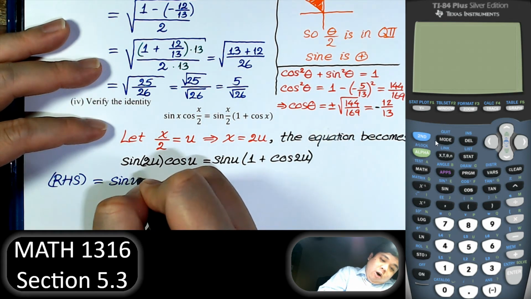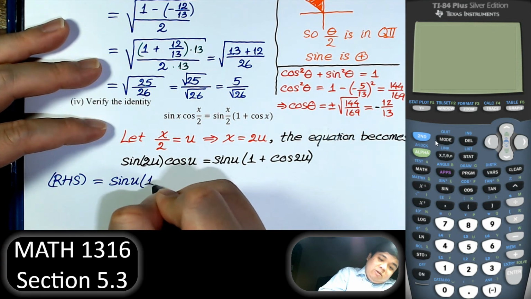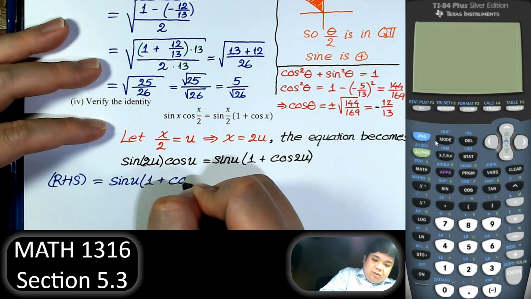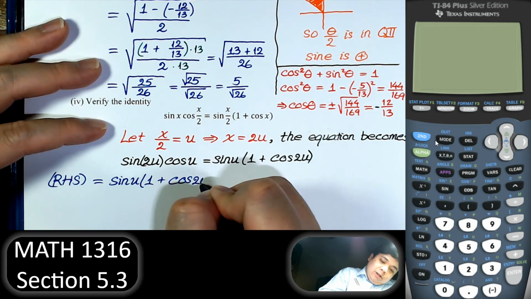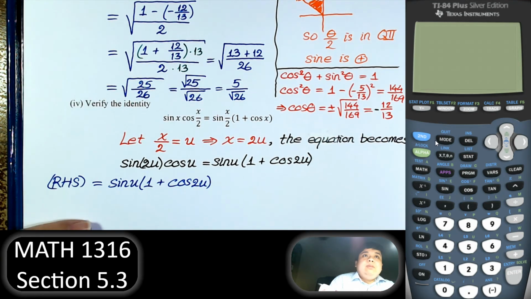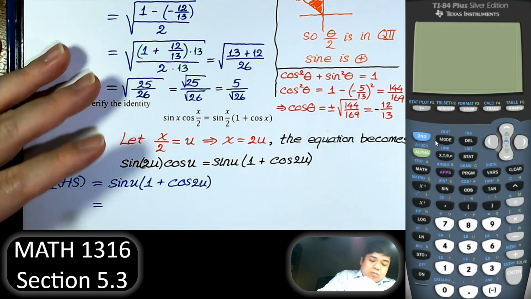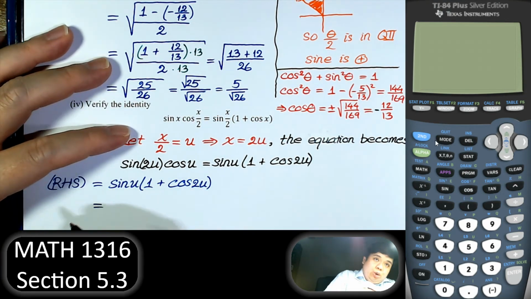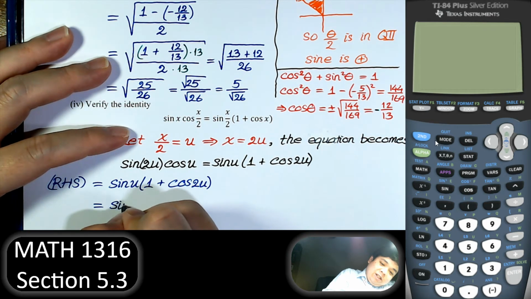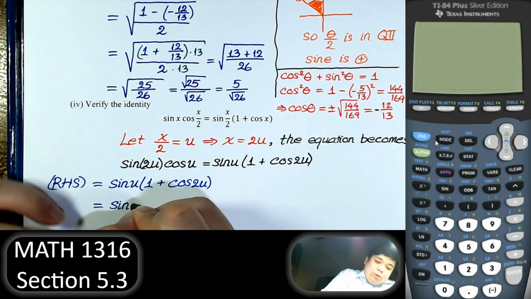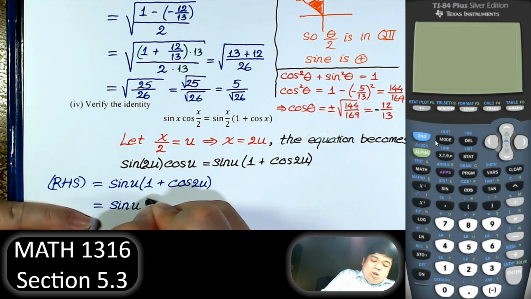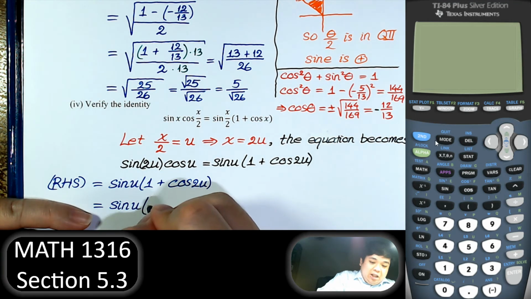So we start with the more complicated side and try to simplify it. Now, cosine of 2u, double angle for u, 2 times u. So what identity can we use though?